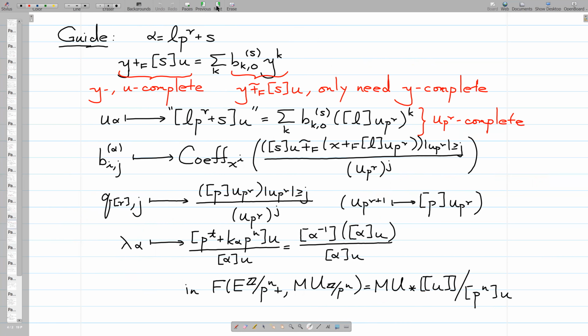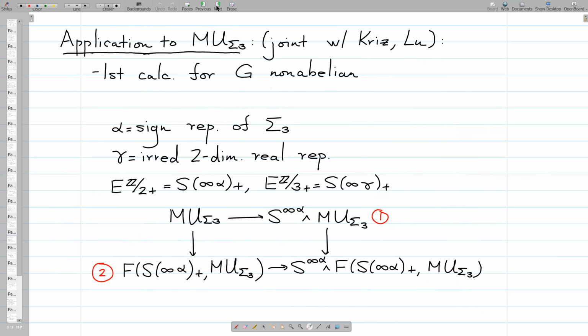So in this case, I'm not going to go through the details here, but rather I want to talk about a quick application. Jointly with Chris and Lou, we also calculated MU sigma 3, where sigma 3 is the symmetric group of 3 elements. And that's, I think, the first calculation for a non-abelian group.